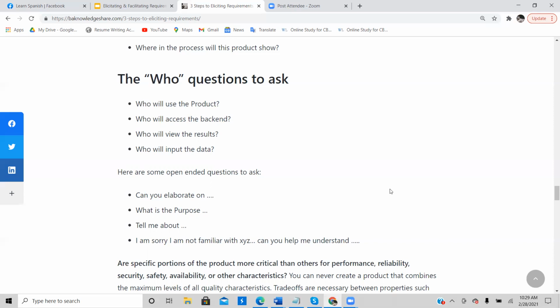Can you help me understand, and so on and so forth? Or, I'm limited in my understanding of this. Can you help me elaborate? So just using the bottom piece of this list here, the open-ended questions, really helps you as a BA understand things that you don't know, right? And then you can keep going with your questions.